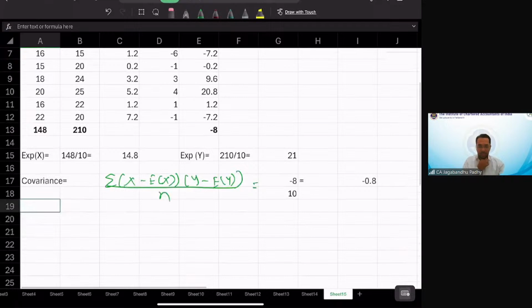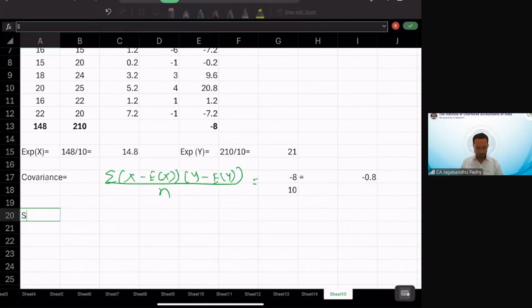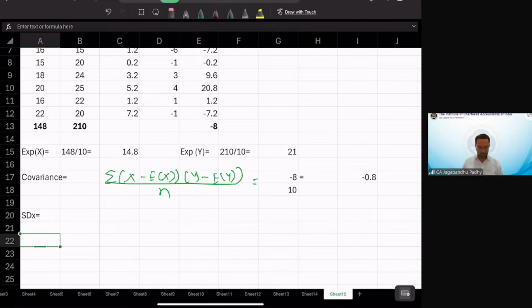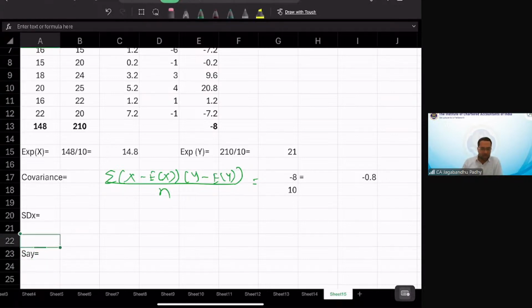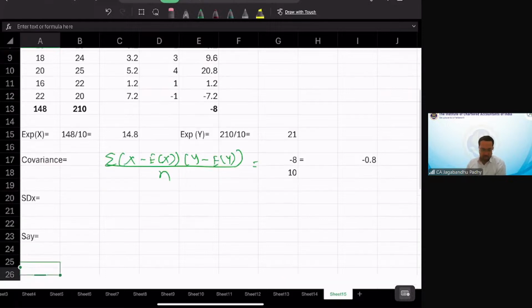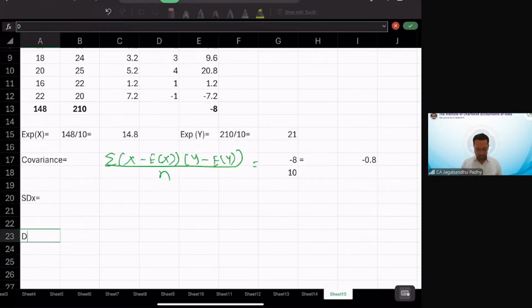Now we can get the standard deviation also. Standard deviation of x and of course standard deviation of y. Can we compute the standard deviation of x and y and then the correlation?